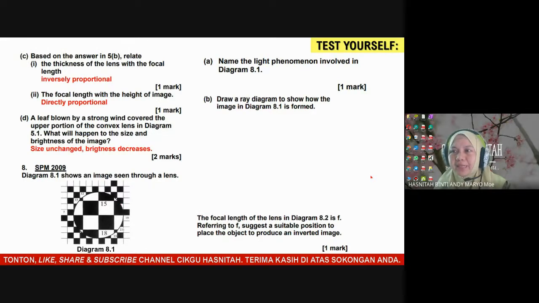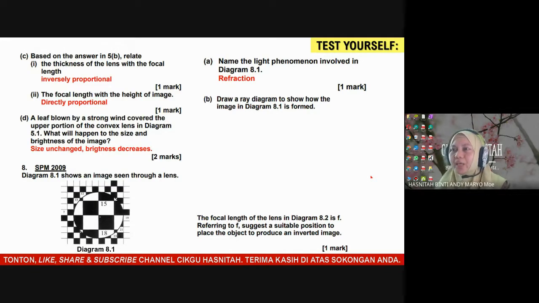We place a lens and the checkerboard appears to be magnified. The first question: name the light phenomenon involved. Again, it is refraction of light. Second, draw the ray diagram to show how the image in 8.1 is formed.